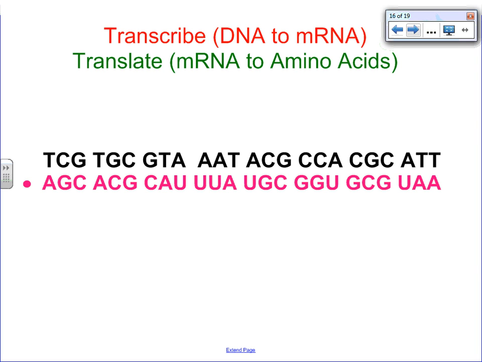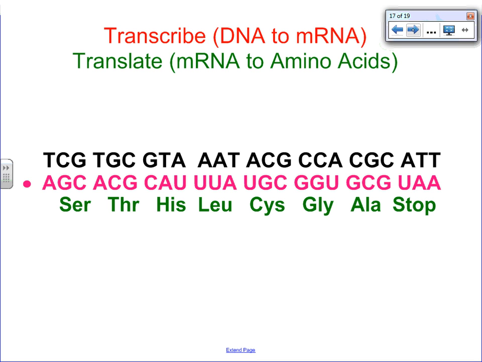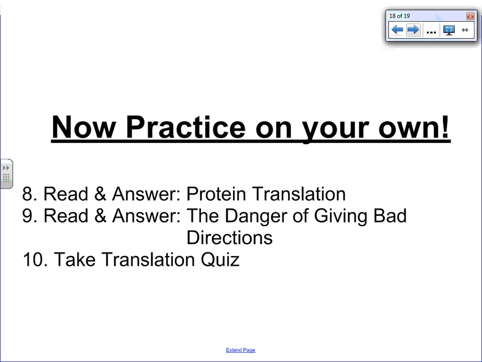All right, now hopefully you've been able to translate this sequence, and your answer should be serine, threonine, histidine, leucine, cysteine, glycine, alanine, and it should end with a stop. If you've reached that, congratulations. You can translate mRNA sequences, and you are ready to practice on your own. If you weren't there yet, either rewind the video or reread the reading on your own.